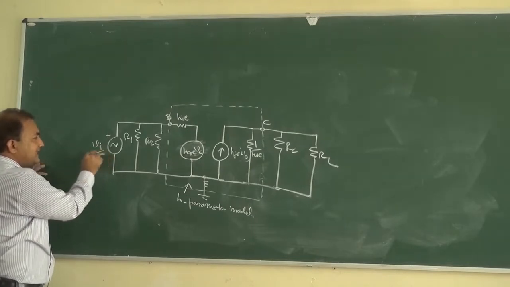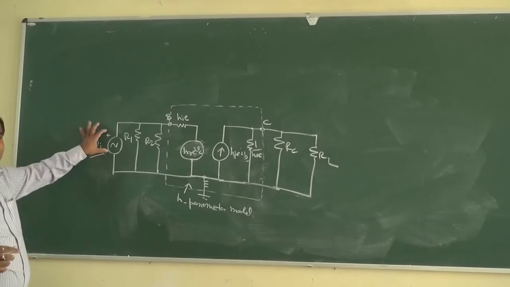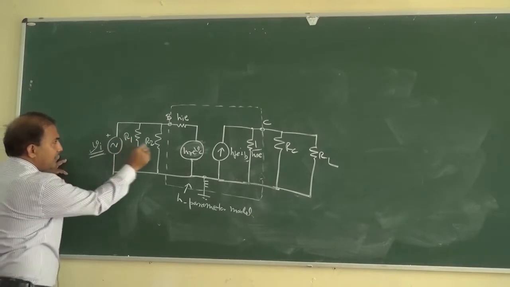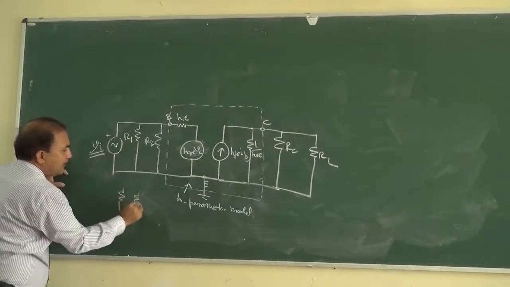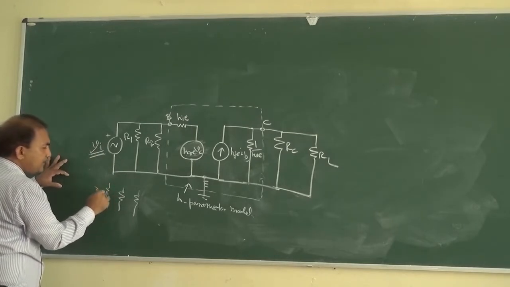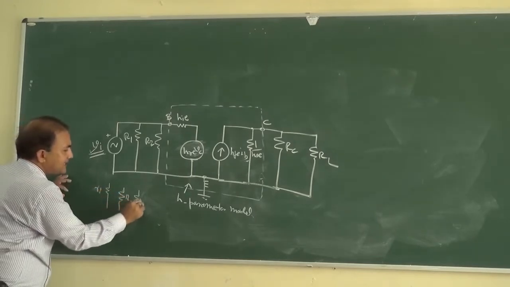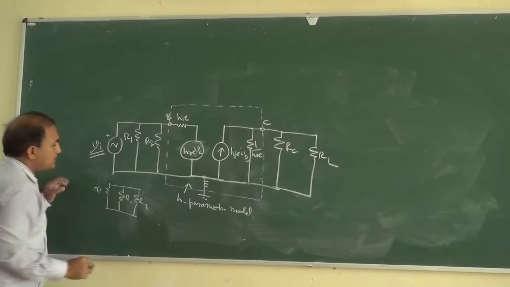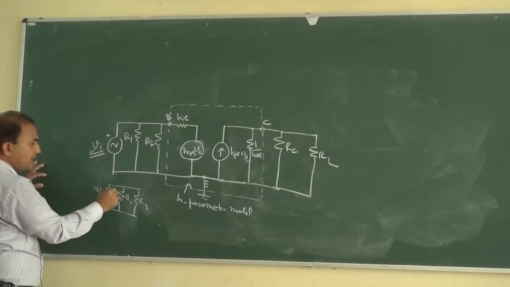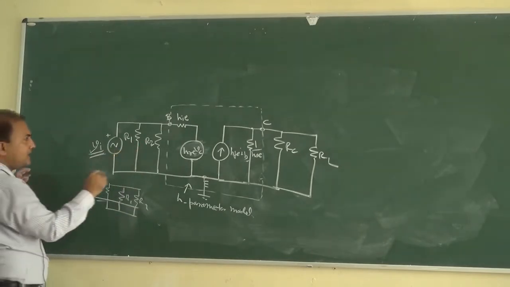If we consider this a very good voltage source, then its internal resistance is very small. This R1 and R2 and this internal resistance, suppose this is Ri, are all in parallel. For the ideal case this is 0, so the parallel combination will be very small.